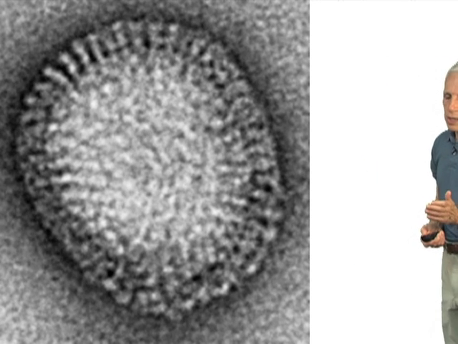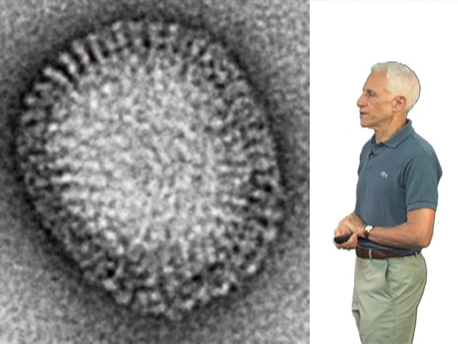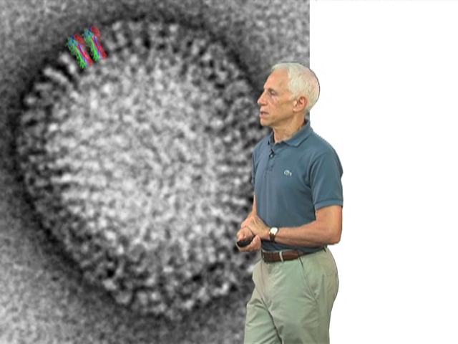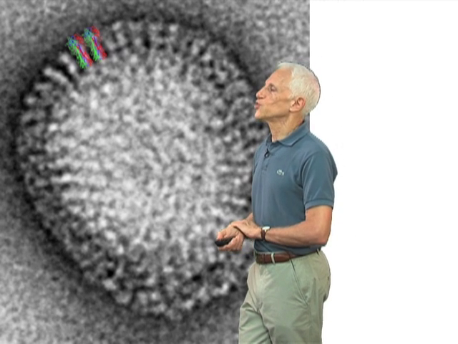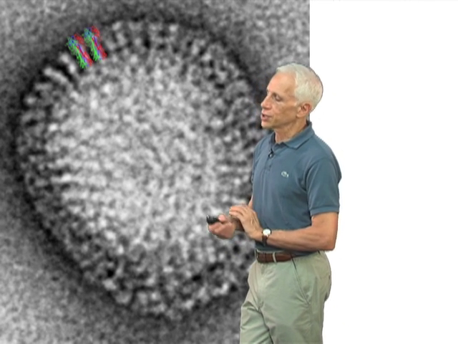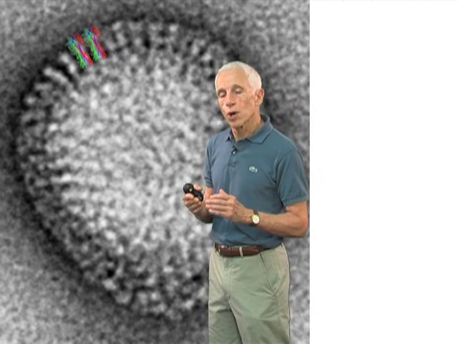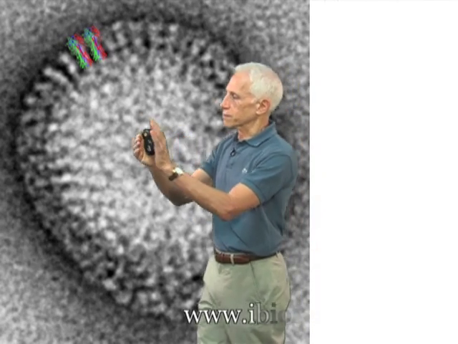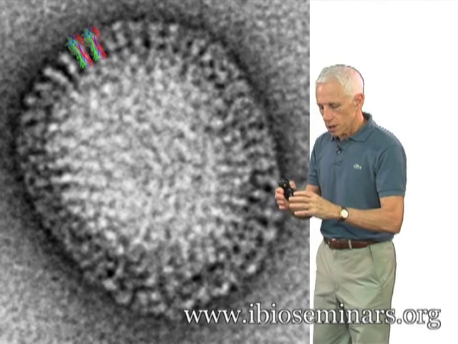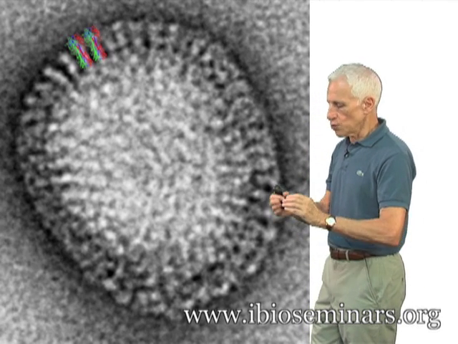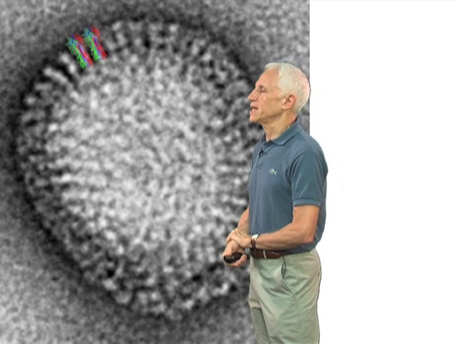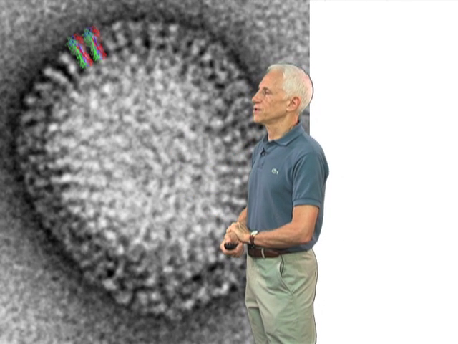Now, in practice, on the surface of the virus, there are very tightly packed hemagglutinin molecules. There are 2 of them superposed on this electron micrograph. And so it is also plausible that 3 of these hemagglutinins clustered in one region might well be the minimum needed to catalyze this fusion process.